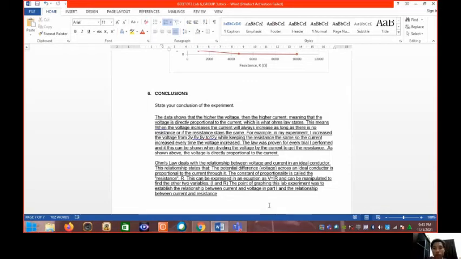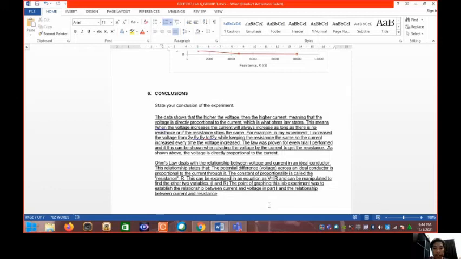The law was proven for every trial I performed, and can be shown by dividing the voltage by the current to get the resistance, as shown above. The voltage is directly proportional to the current.